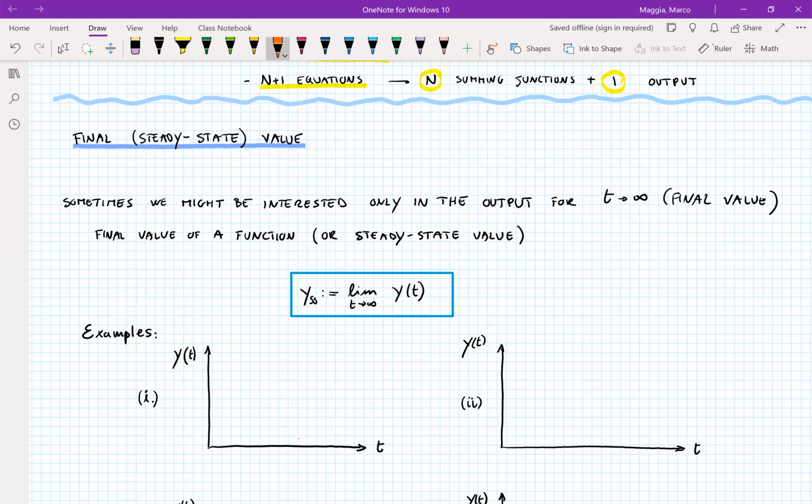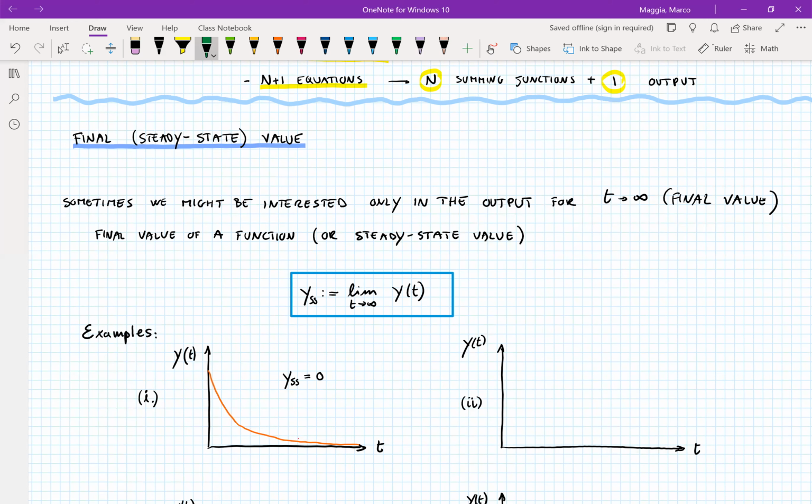Let's take a look at a few examples of some functions. If we have an exponentially decaying function, well, its final value is 0. So in this case, the steady state value for y of t is equal to 0. As time increases, the function decreases and asymptotically converges to 0.